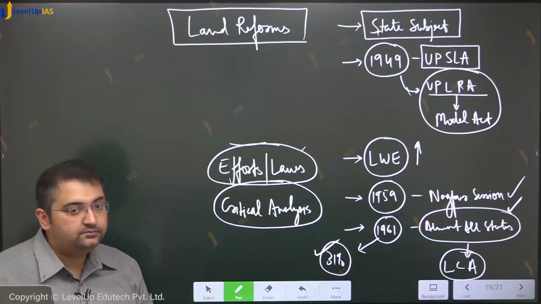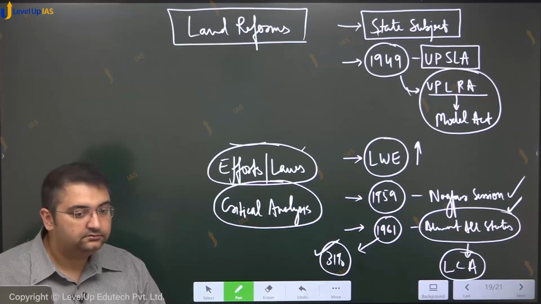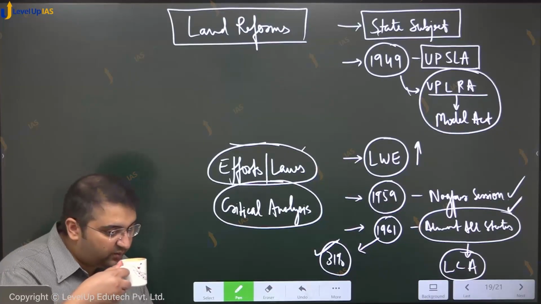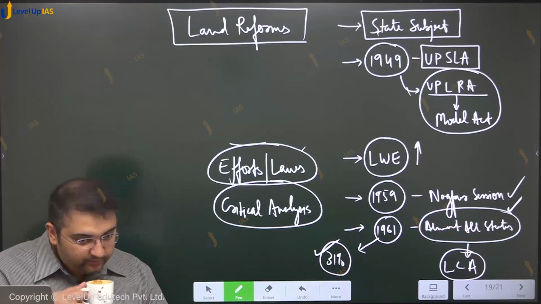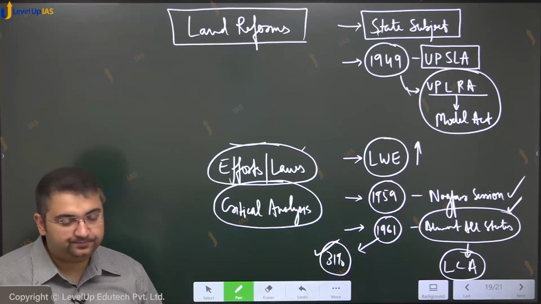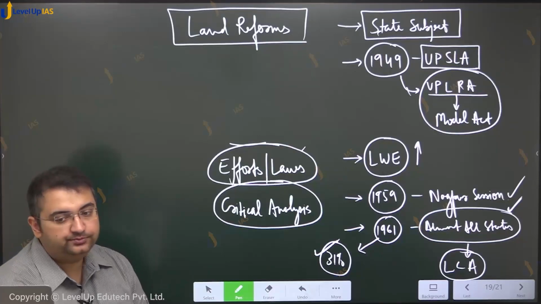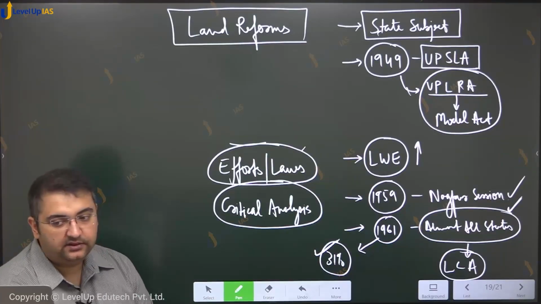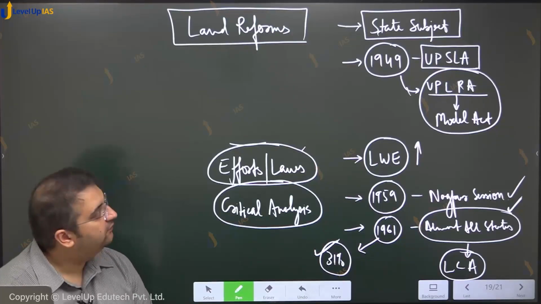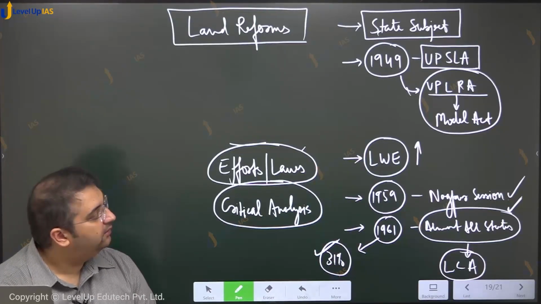So write down efforts or laws. देखो, since land is a state subject, comma, states had to take the lead. Full stop. Next point.